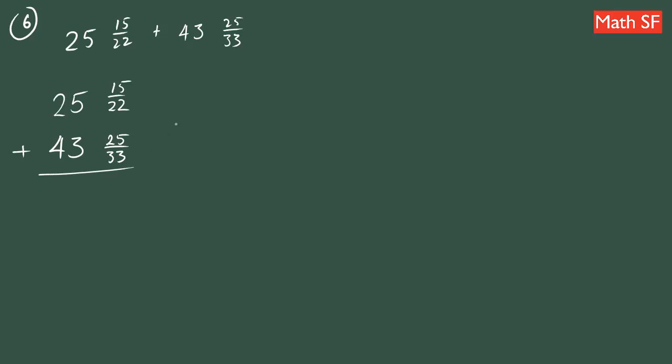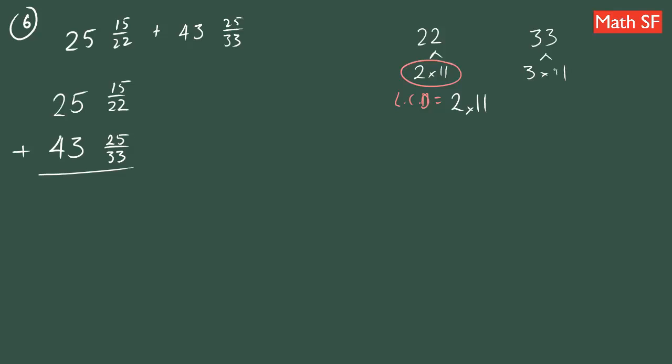Let's add them up. However, I cannot just add the numerators because these denominators are not the same. Therefore, let's find the LCD between 22 and 33. 22 should be 2 times 11, and 33 should be 3 times 11. My LCM should be 2 times 11.